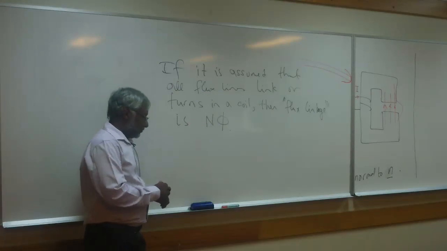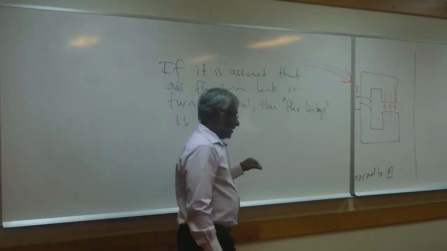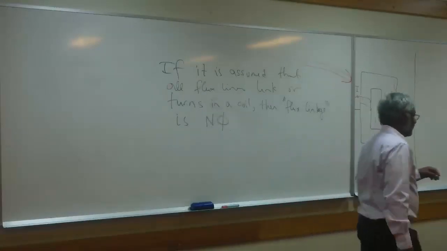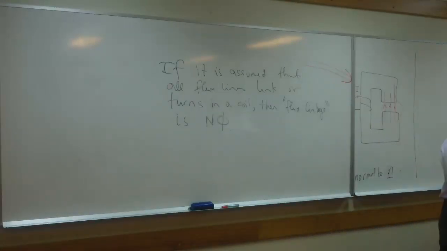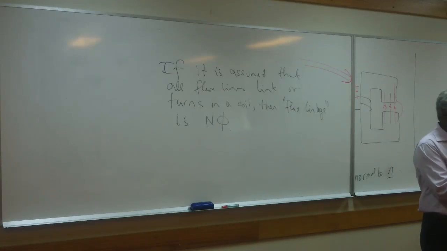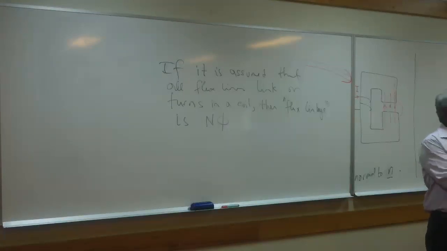And the reason for that is, if you look at an area, for example, if you look at this area, and you had only one turn there, say one turn of wire going on the edge of that area, then that turn of wire would have a certain inductance.